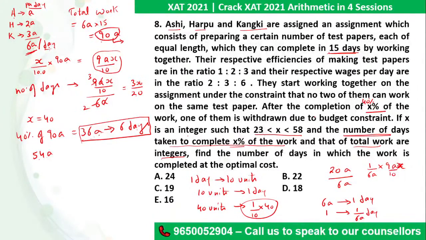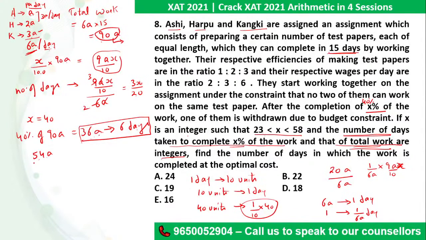Now it is given due to budget constraint, one of them is withdrawn and the number of days taken to do total work is also an integer. Okay, so इन तीन में से आपने एक withdraw किया है. और जो remaining work है वो भी integer number of days में होना चाहिए. So can we say अगर आप ये withdraw करते हो तो इन दोनों का work होगा 3A per day.